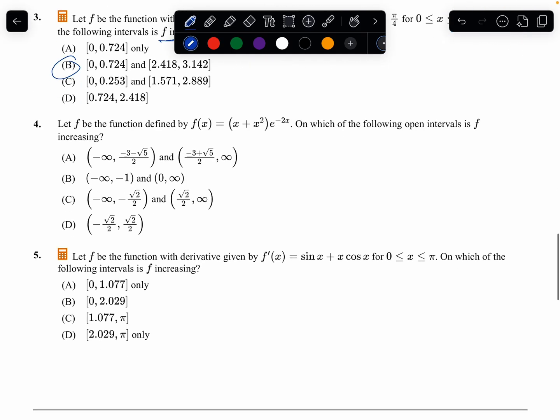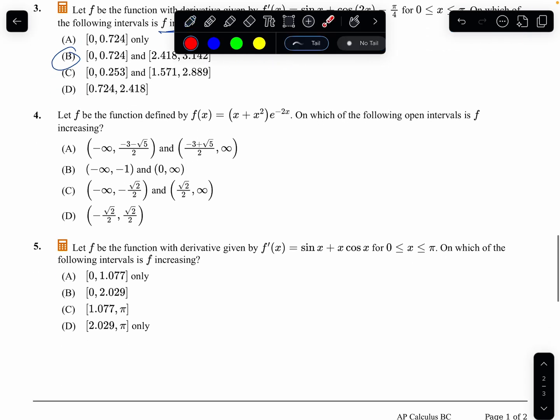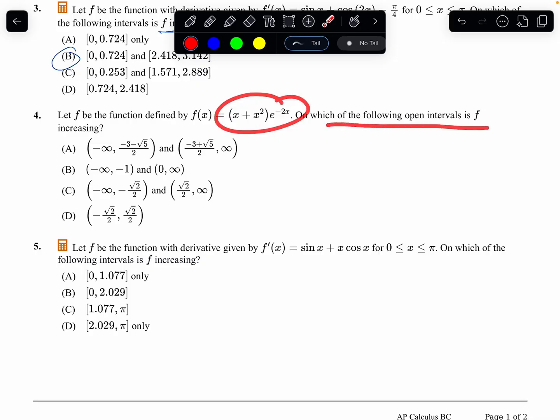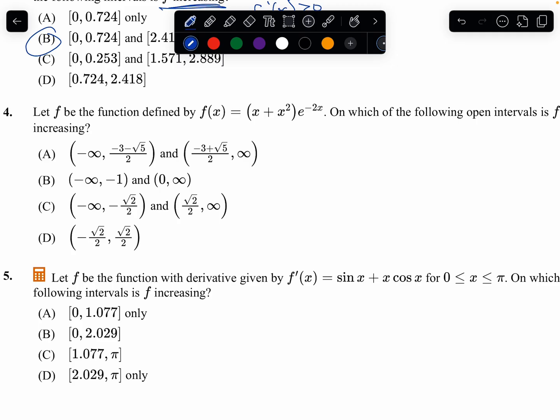All right, for 4, let f be the function given here. On which of the following open intervals is f increasing? Oh boy. Man, I really just want to give you guys permission to use a calculator on this one. But let's power through this. Let's hold up.